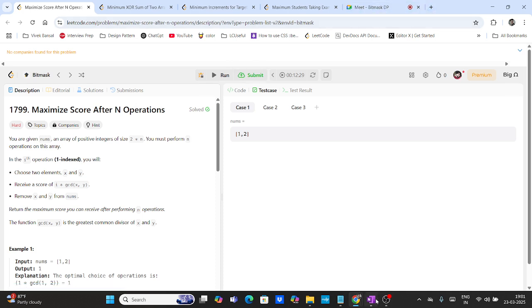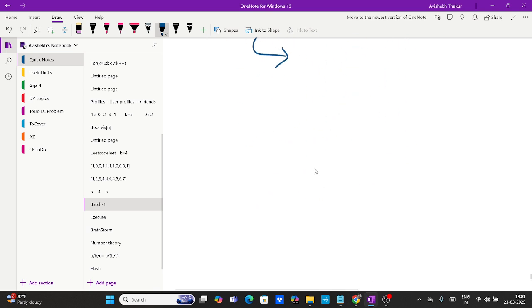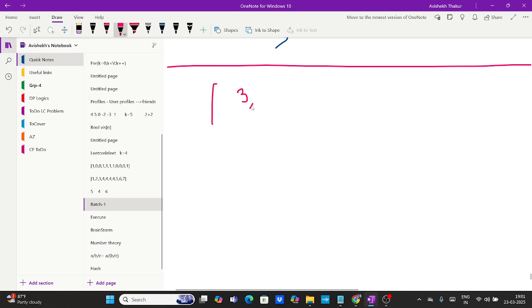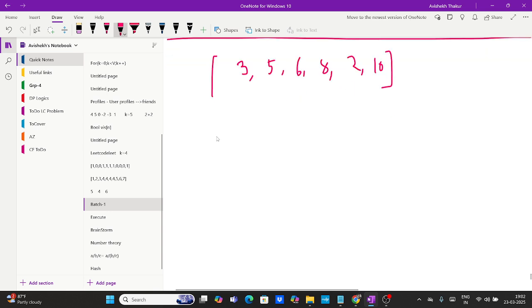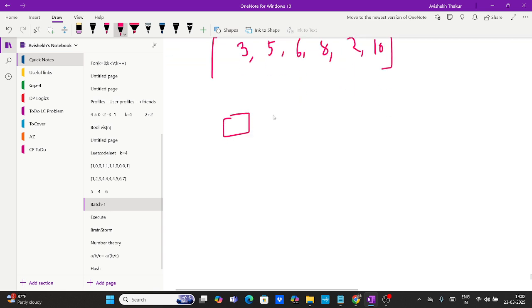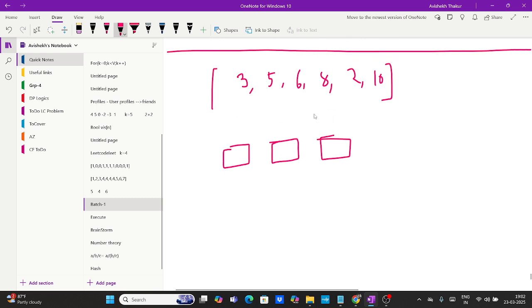So shall we solve that Google problem? Yeah. There are some numbers. Let's say there are some numbers, and we have slots. These slots are where you can place numbers.